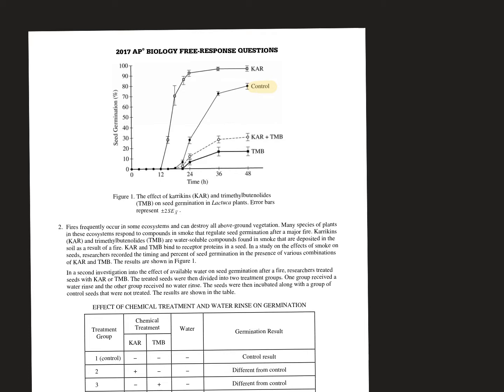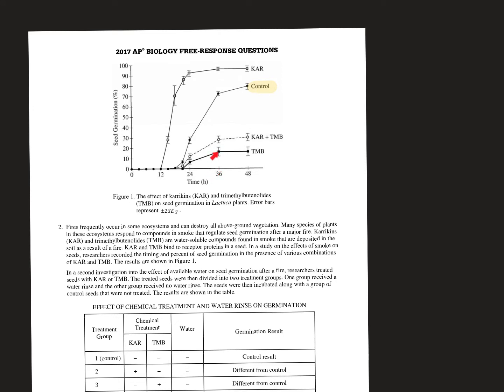So the error is how many seeds germinate in that particular time. You'll notice that the error bars are vertical, not horizontal. So for instance, this one right here is probably going to be something like 13 or 14 seeds, 14% germination, but it could be as high as 18% or as low as 10% germination at 36 hours.